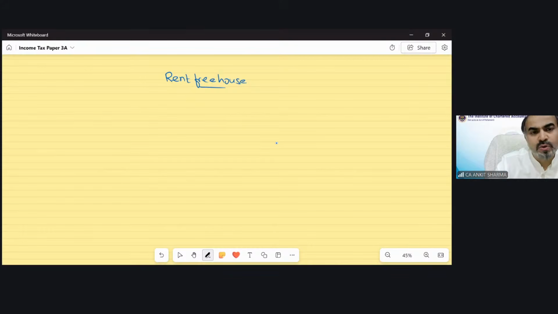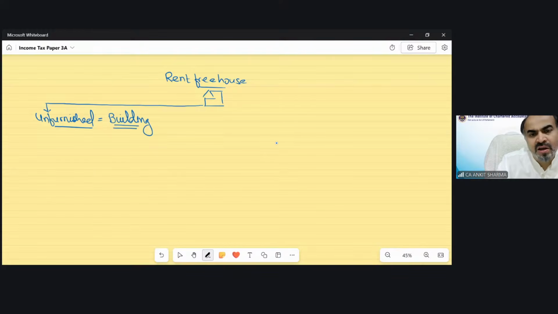So there could be two situations. Either it would be an unfurnished accommodation. If it is unfurnished, that means we just need to find out the building taxable value as a perquisite. Or it could be a furnished accommodation.